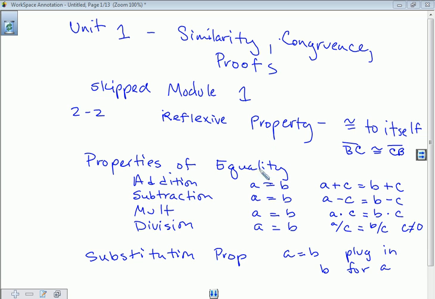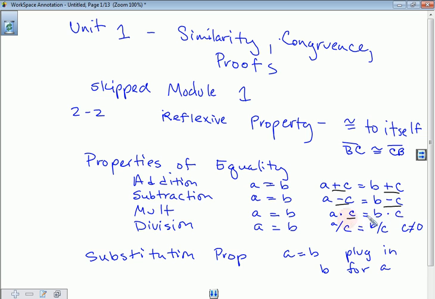Yes. Okay. Some of the other properties that we could use are properties of equality. So we have addition, subtraction, multiplication, and division. What that states is that if we have two quantities that are equal to each other, and we add equal amounts to both sides, it's still equal. If we subtract equal amounts from both sides, it's still equal.